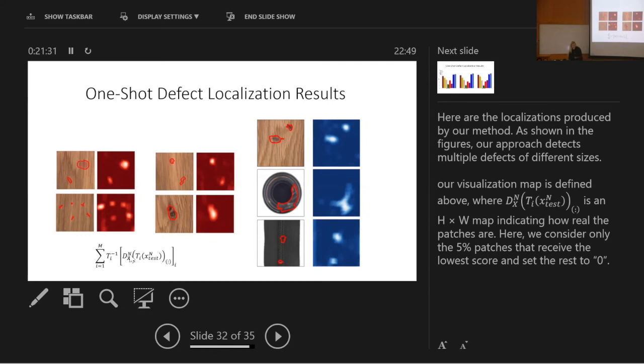Each element in this map contains the anomaly score of the patch, but only for the patches considered anomalous, so the 5%. If a patch is not considered anomalous, we put a 0 in the element, and for the rest, we put the anomaly score. We sum these scores over all the transformations, and here is the result.